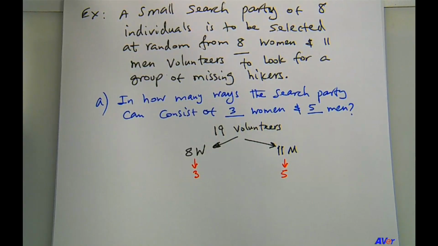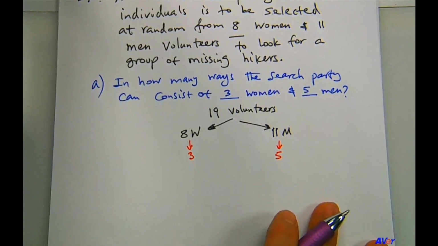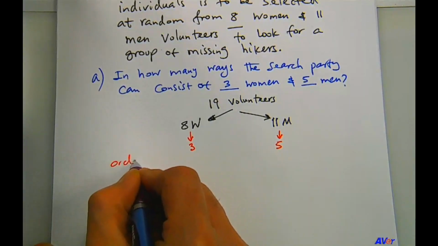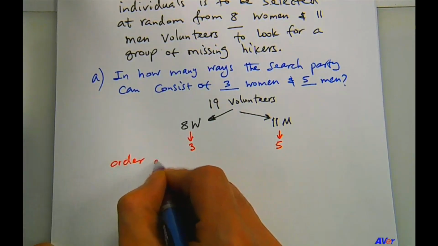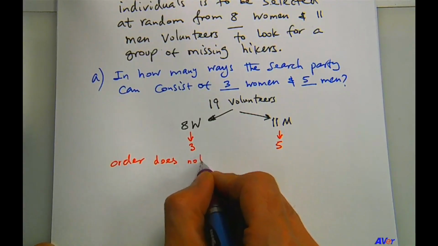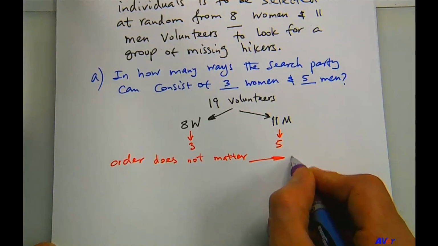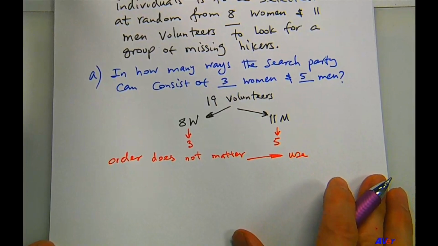It does not matter in which way we pick the people that are going to be on this search party. So establishing that order does not matter, we use combination.